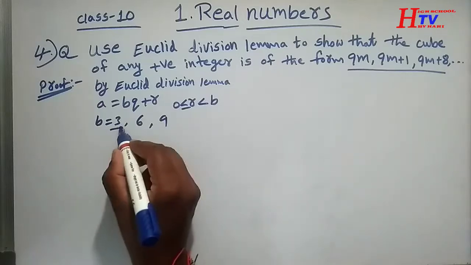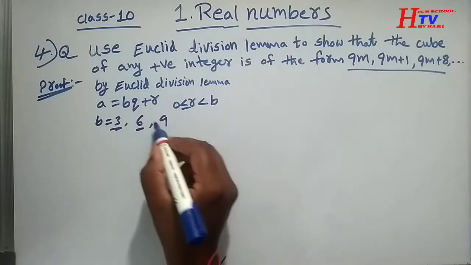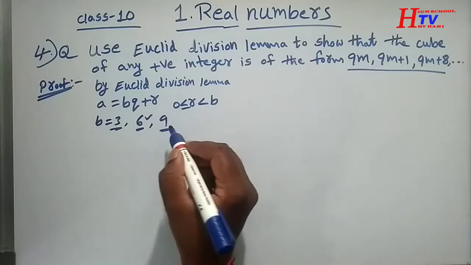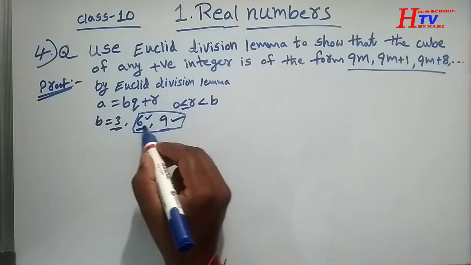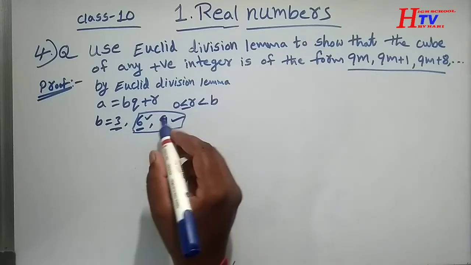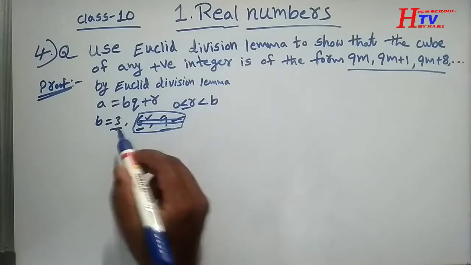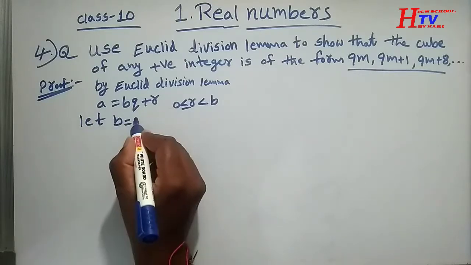If we take b equals to 3, we get 3 cases, and for 6 we get 6 cases. If we take b equals to 9, we get 9 cases. If we take b equals to 6 or 9, we get a lengthy proof, so don't take those. So let b equals to 3.